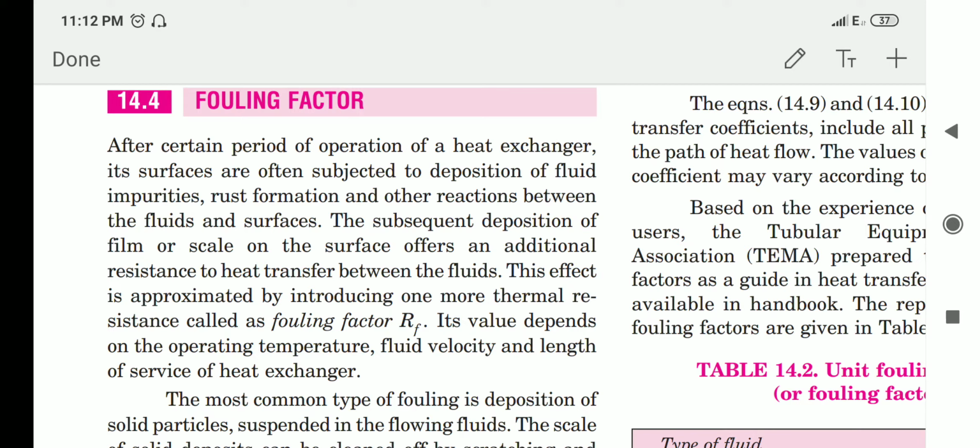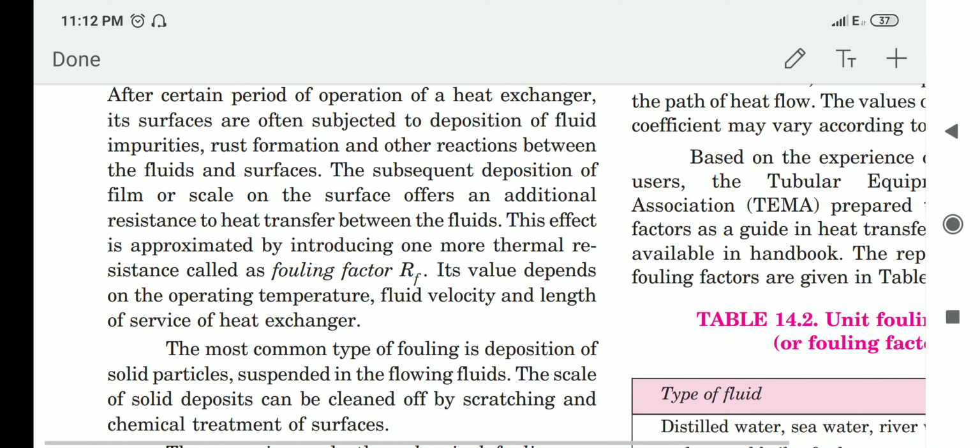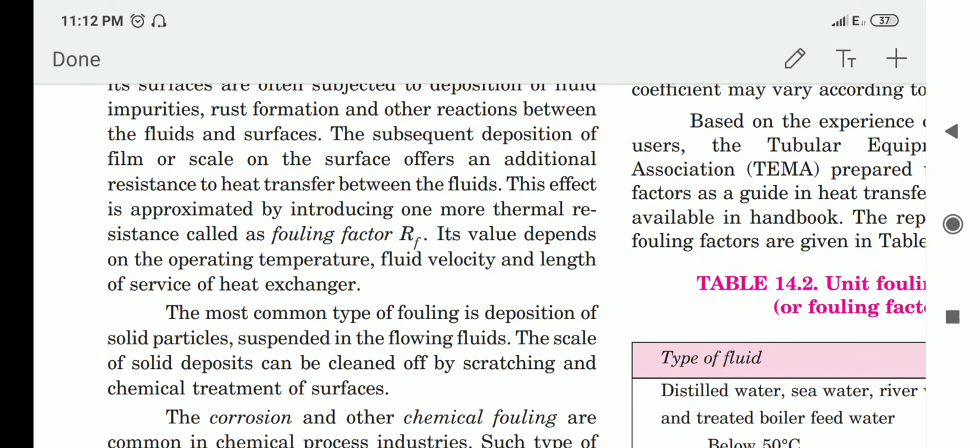By non-destructive testing methods and all, we finally find out the nature of the scales inside the heat exchanger, and we compute a factor of resistance to that, and this factor is called the fouling factor. This fouling factor can be on the inside surface of the inside pipe or the outside surface of the inside pipe, namely RFI and RFO.